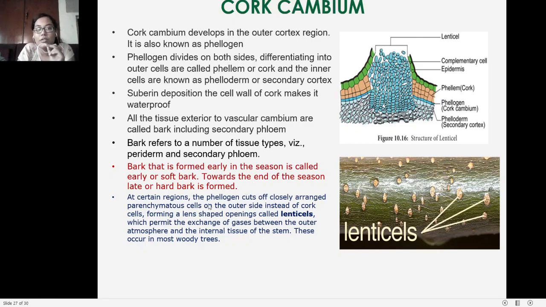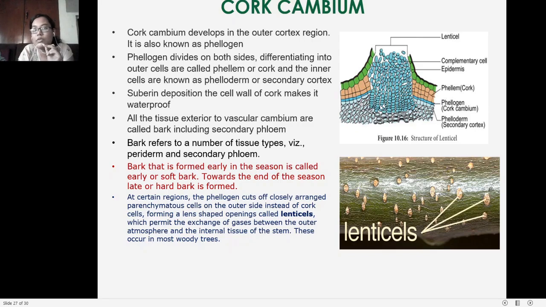Now, at certain regions, the phellogen cuts off closely arranged parenchyma cells on the outer side instead of cork cells, forming a lens-shaped opening called lenticels, which permit the exchange of gases between the outer atmosphere and the internal tissue of the stem. These occur in most woody trees.